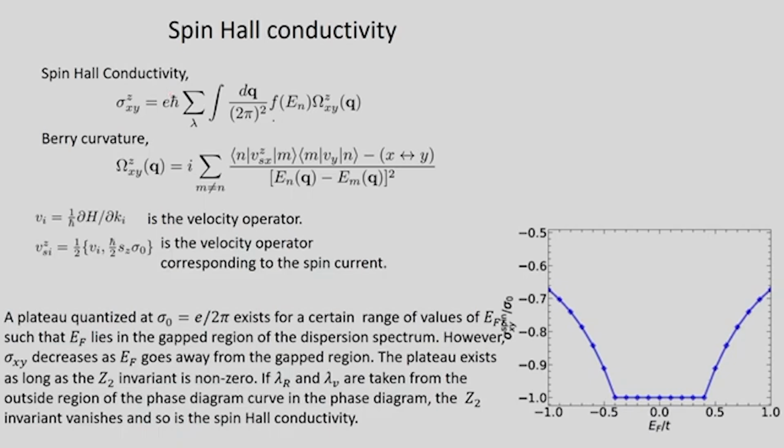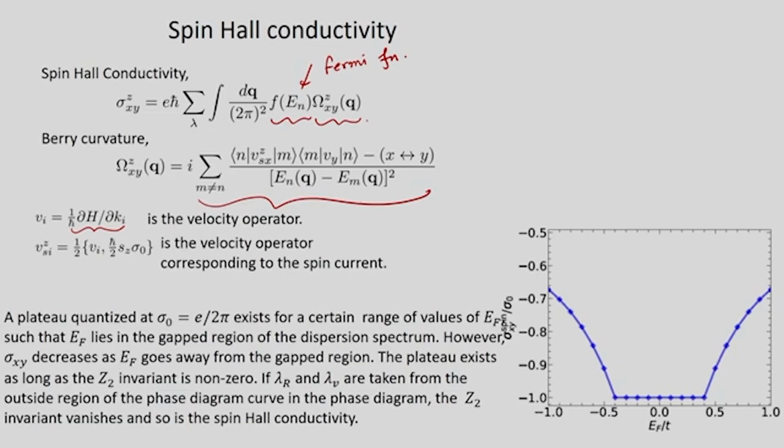This is the Fermi function, which is not important, because at zero temperature it is equal to 1, and this is the Berry curvature, which can be calculated using this formula, very similar to what you have seen for the Kubo formula, and the velocities are calculated from the gradient of the Hamiltonian with respect to kx and ky.